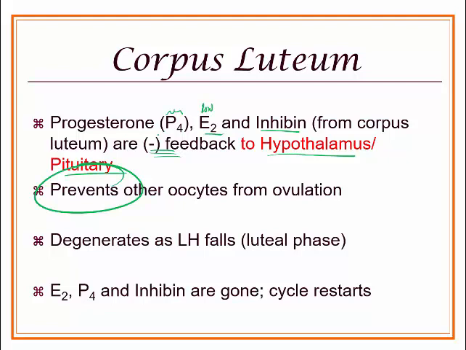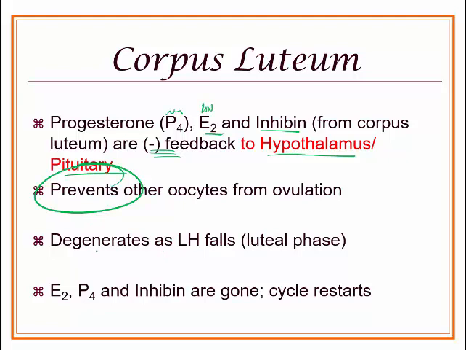So basically the hypothalamus and the pituitary are shut down for about a week. That way, if we have a fertilized egg implant into the uterus, we don't have new ovulations that are going to produce compounding pregnancies. Now, after that 7 days, the corpus luteum begins to die.